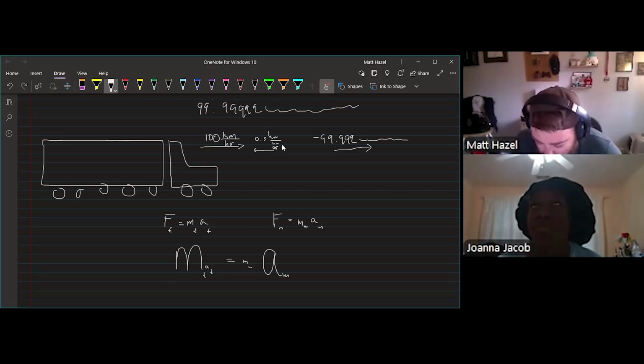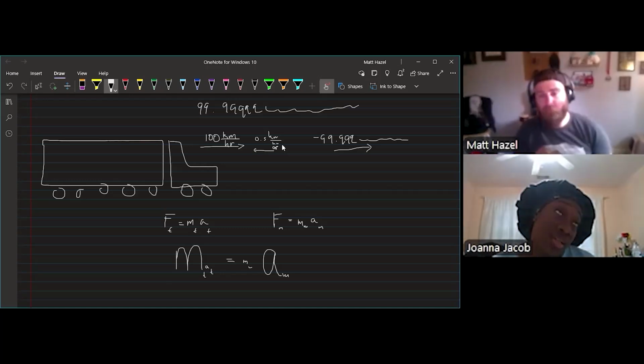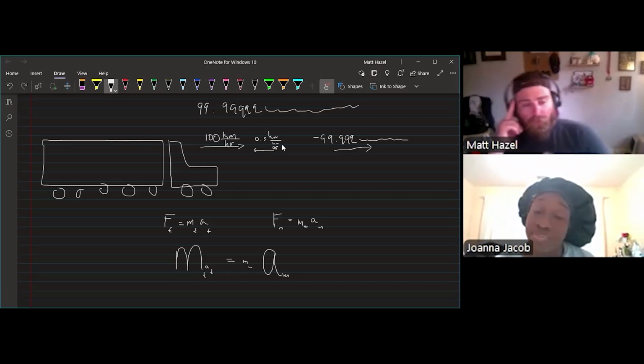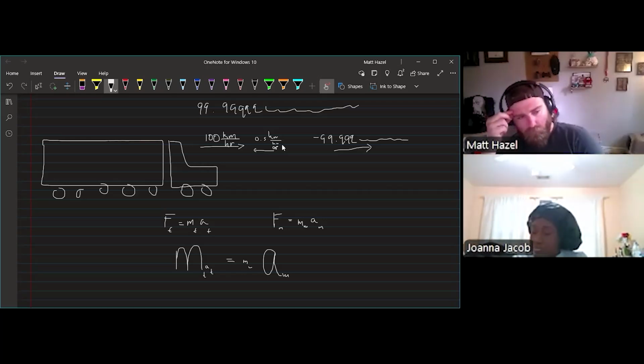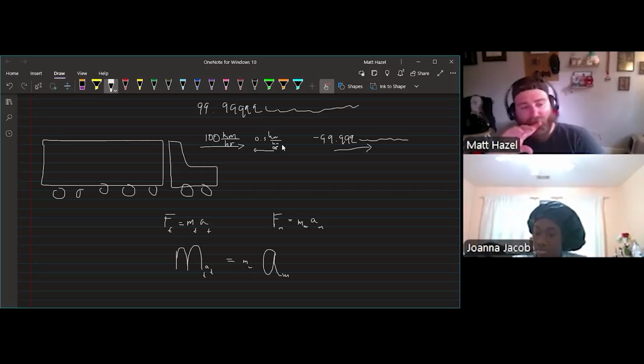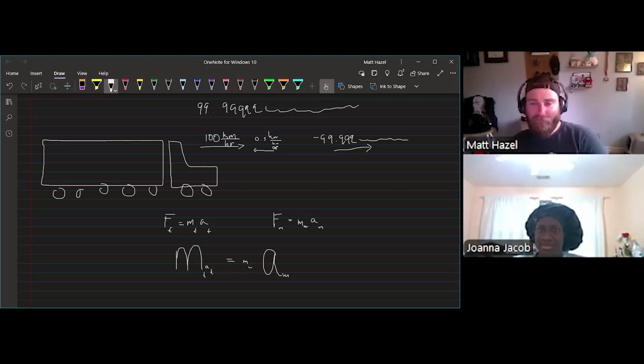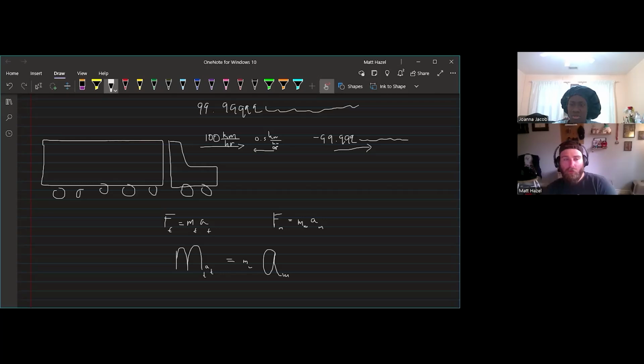Okay, so an example of a scalar would be probably a question regarding, I don't know, an inclined plane, like pushing a box at an angle and measuring.